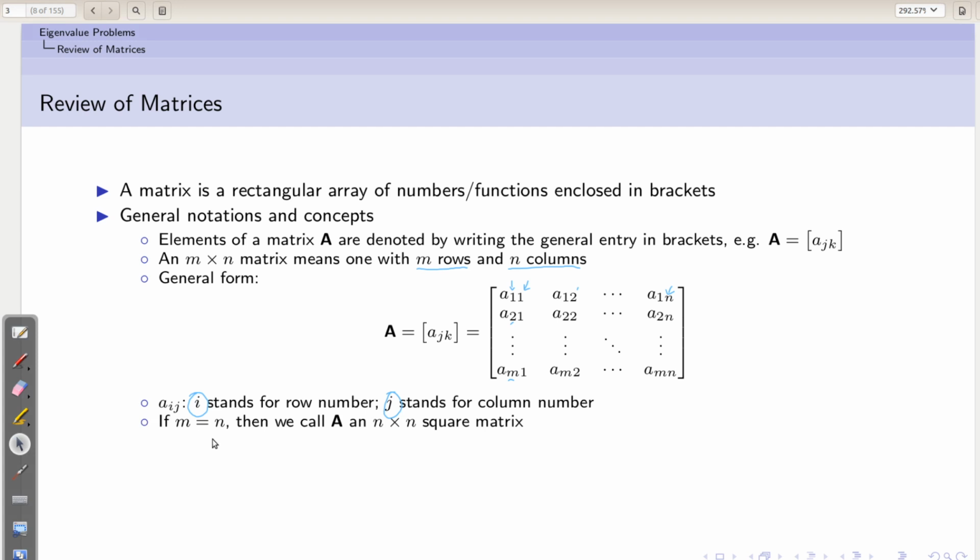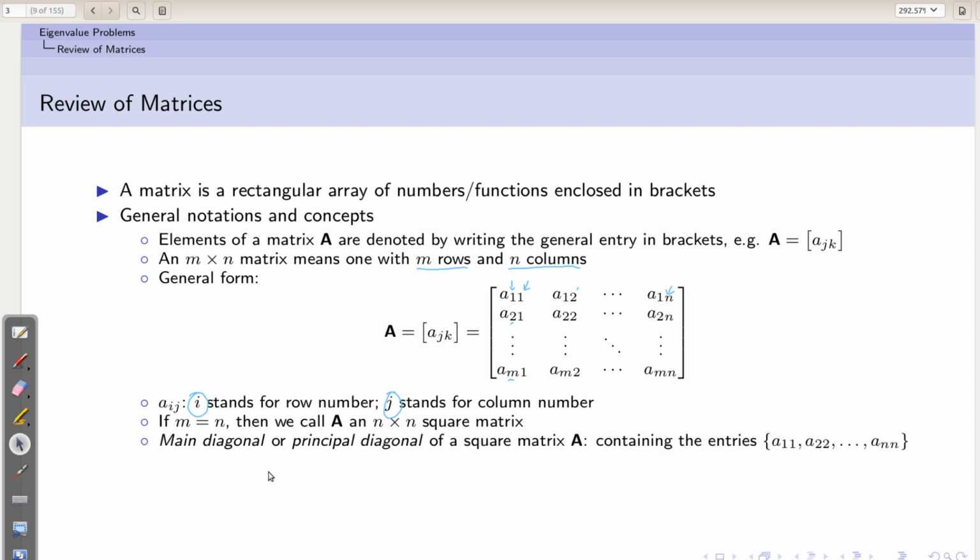If m is equal to n, then that's a special kind of matrix. We call it a square matrix, which is what we are interested in over here. The main diagonal or the principal diagonal of a square matrix contains the entries where the row index and the column index are the same. For example, if I consider a 3 cross 3 matrix, it's a square matrix because the number of rows and columns are the same.